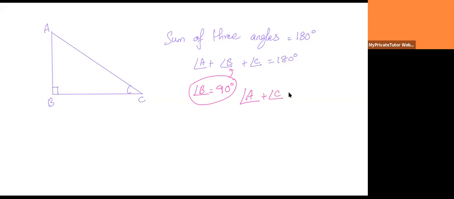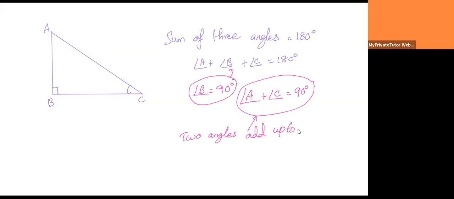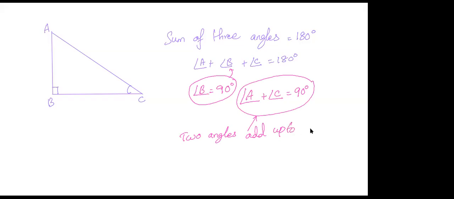The sum of A and C is 90 degrees, because B alone is 90, the combination of A and C makes up the other 90. So if two angles add up to 90 degrees, those angles are called complementary angles.